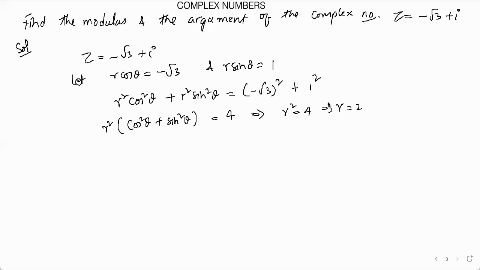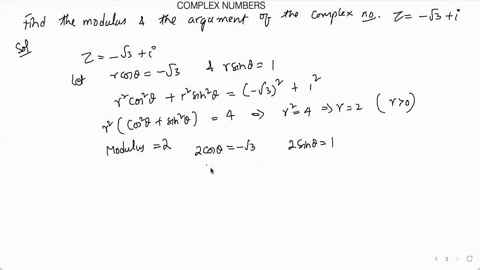So again here conventionally we take r greater than 0. So the modulus is 2. Now r is 2, so 2 cos theta is equal to minus root 3, and 2 sin theta is 1.